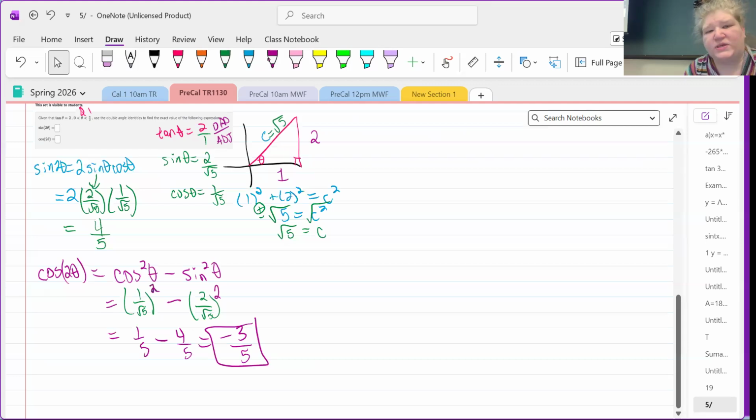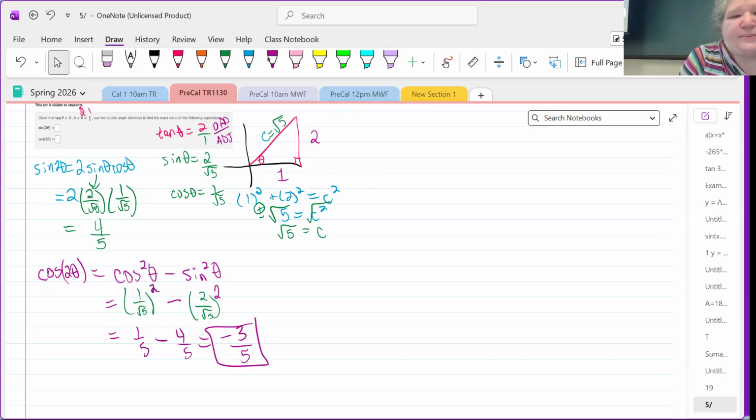So theta was in quadrant 1, but when we double theta, it ended up in quadrant 2. So that's why our cosine is negative. But the formula itself took care of that for us. So we didn't actually have to figure out what theta was to figure out if 2 theta was still in quadrant 1 or if it was over in quadrant 2.